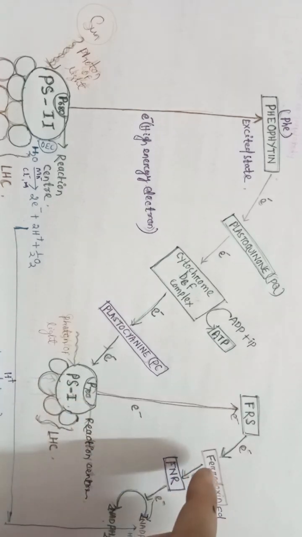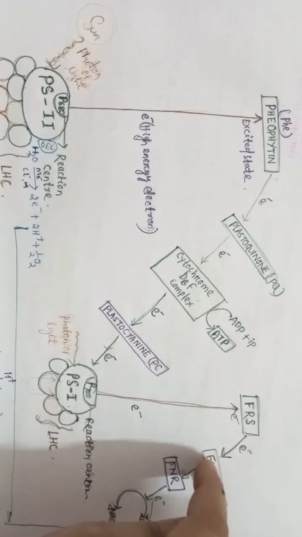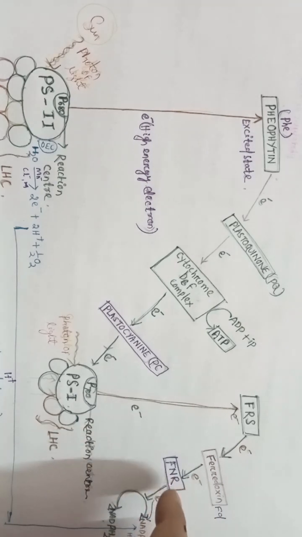Okay, and now this electron is accepted by NADP, which is present in the stroma, with the help of the enzyme pyridoxine NADP reductase.